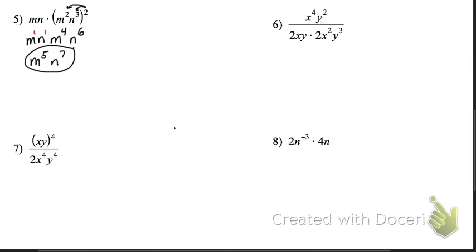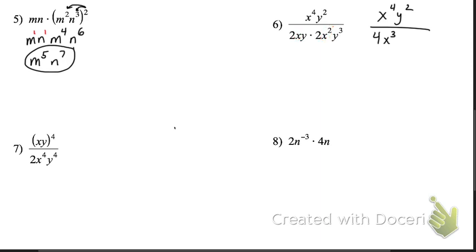Number 6. So I can't simplify the numerator at all. I can simplify the denominator. I can see I have a 2 times 2. So let me write in the numerator first. That's not going to change in this step. 2 times 2, that's going to give me 4. x times x to the 2nd is going to give me x to the 3rd.